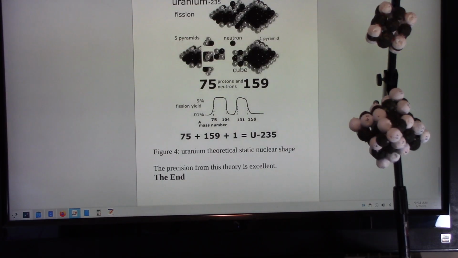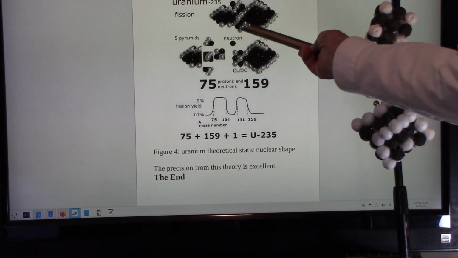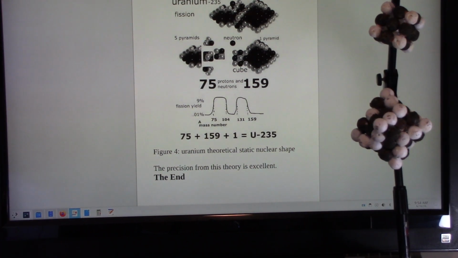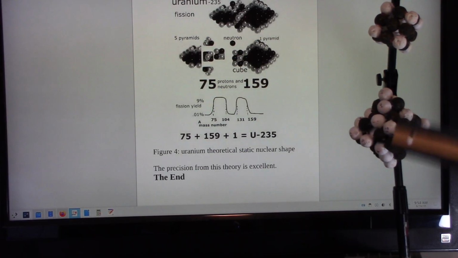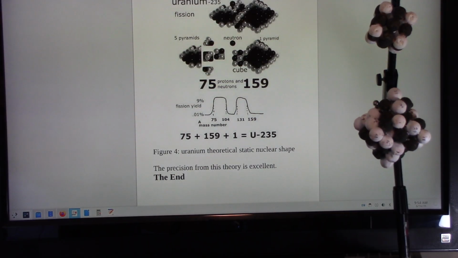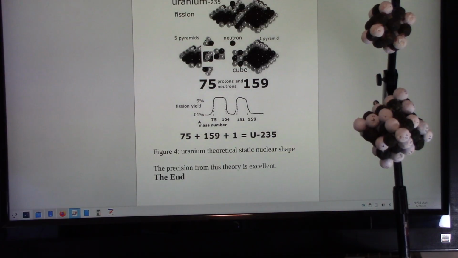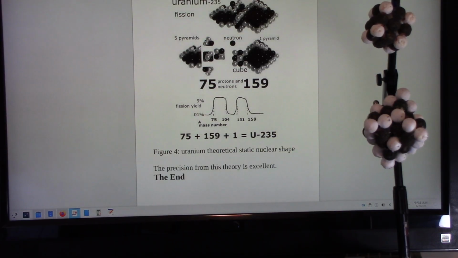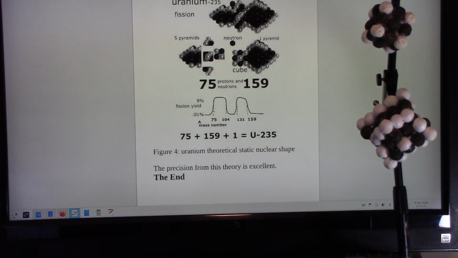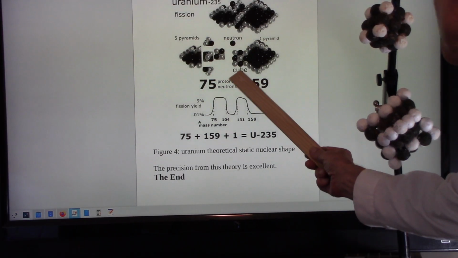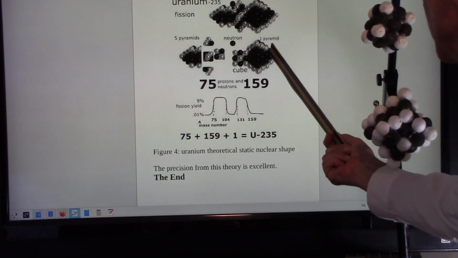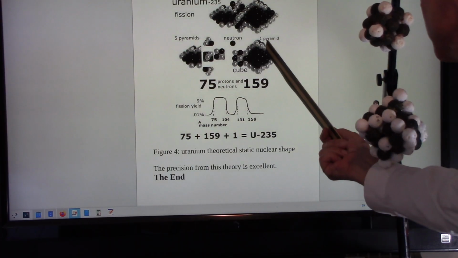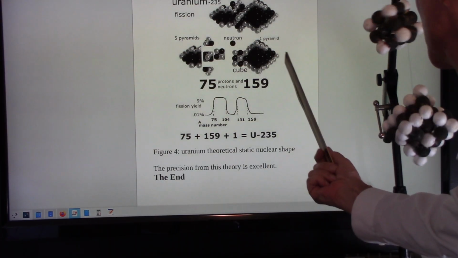And this one we see at the top here is the uranium-235 nucleus, white protons and black neutrons. The exterior surface is all hexagonal close pack for good survivability over the eons. Now, there are 6 pyramids around the cube. There's the cube. And there's one big pyramid on the right with 159 total of the cube in one pyramid.